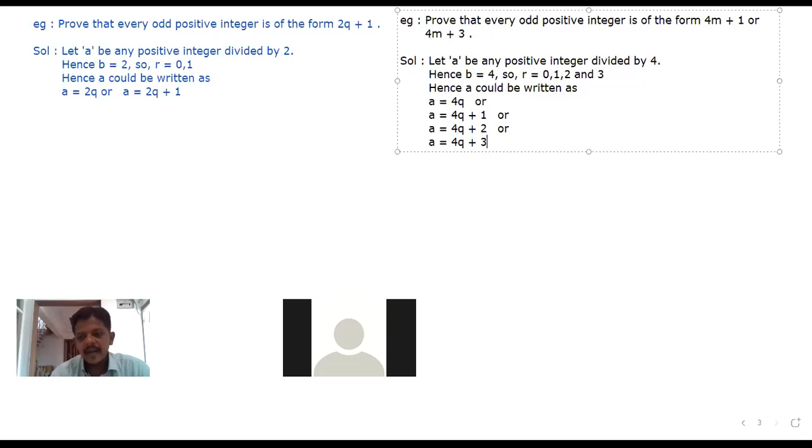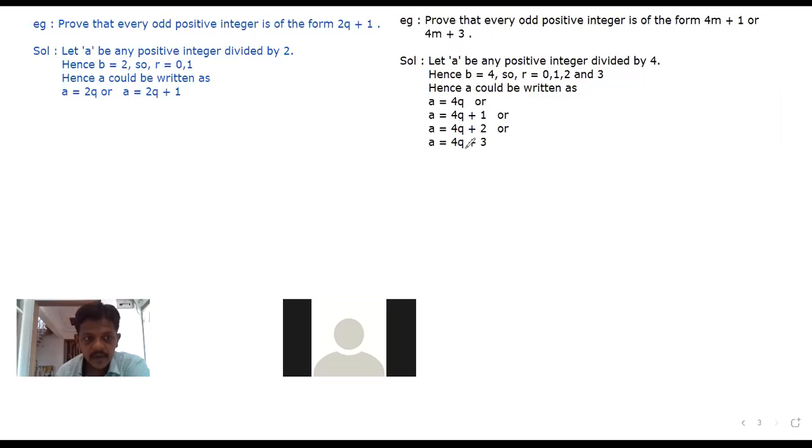Now pay attention very carefully to what I'm going to say in the next step. If a is any positive integer, it could be written as 4q, 4q plus 1, 4q plus 2 or 4q plus 3.